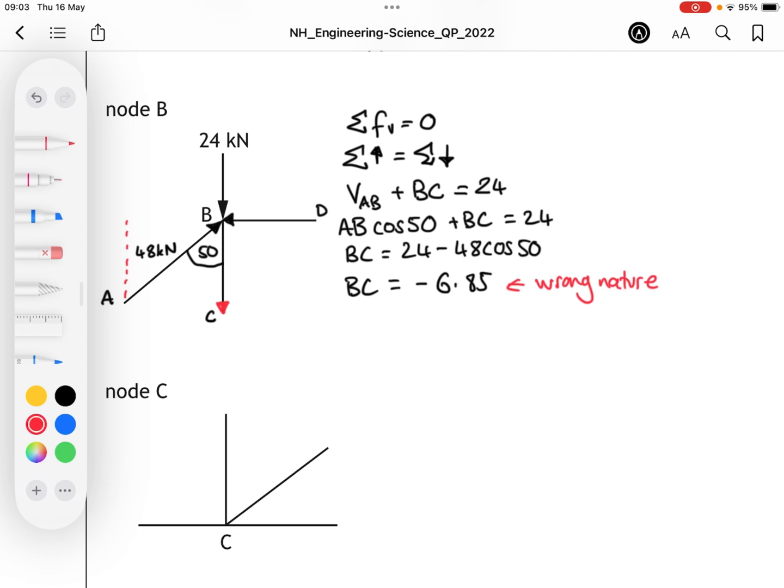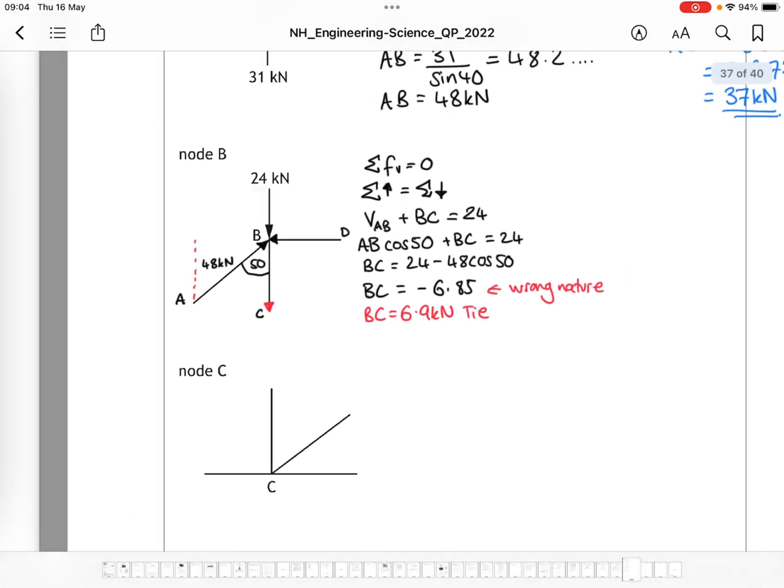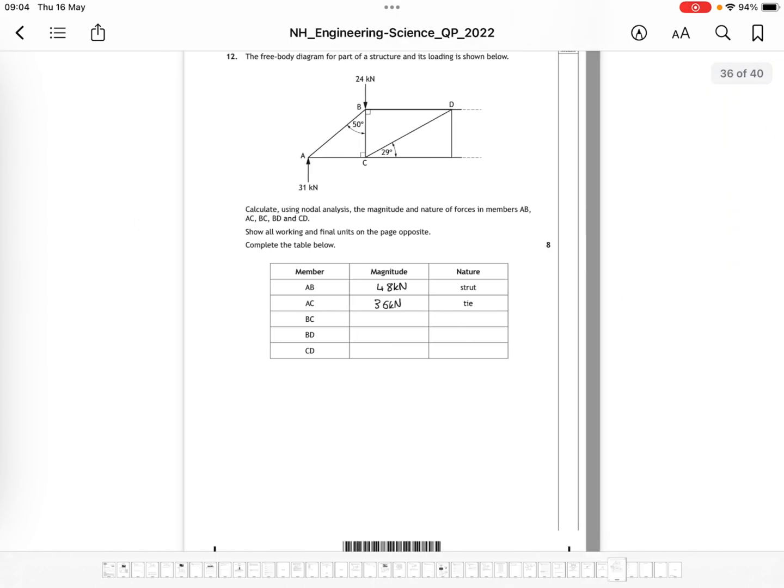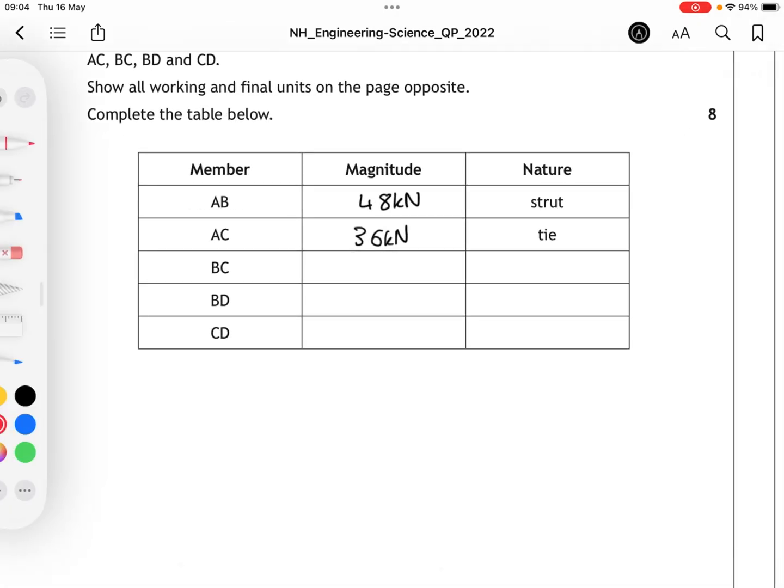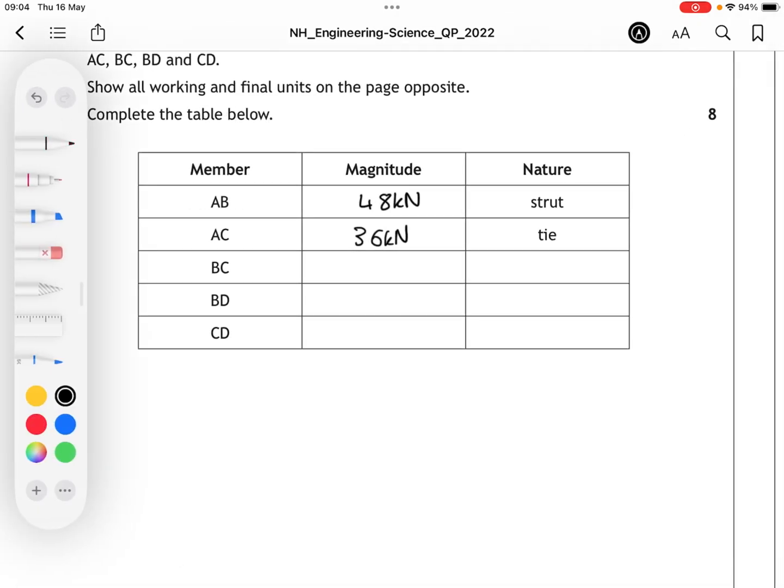So I'll just pop that here. BC is 6.9 kilonewton tie. And straight away I'm going to go back and pop that into this table. Now you won't have to do this flicking, because it'll be on one page, on a double page spread for you. So there we go.